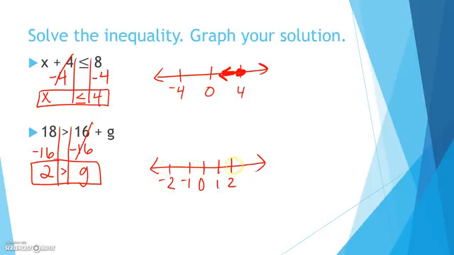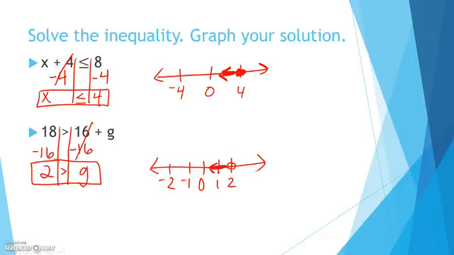Since this is a greater than symbol, g cannot be 2, so we're going to put an open circle on 2. And now I have to think of something that makes this inequality true. So 2 is greater than what number? And here, the first thing that comes into my head, well, 2 is greater than 0, so I'm going to point my arrow towards 0 on a number line, which here is to the left.